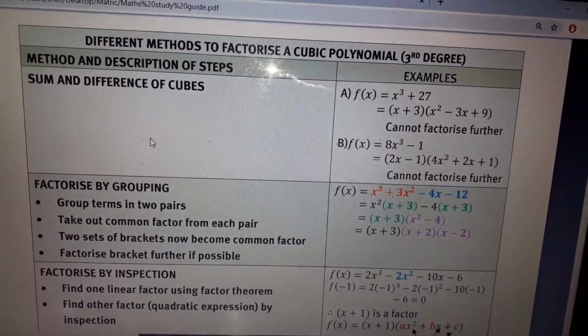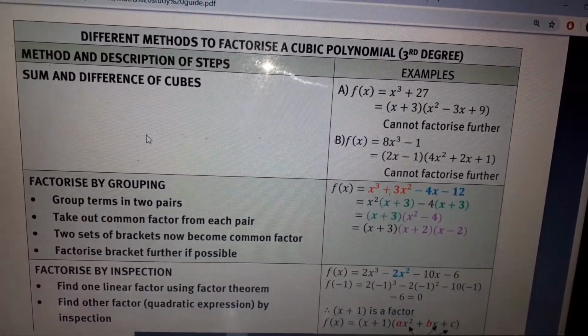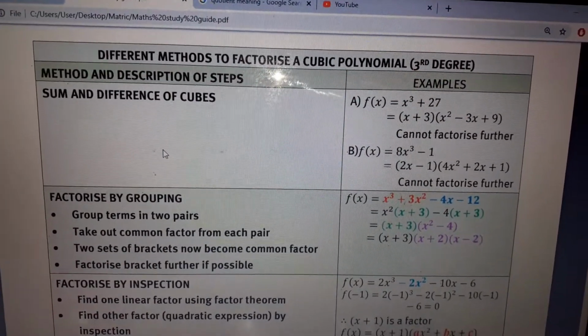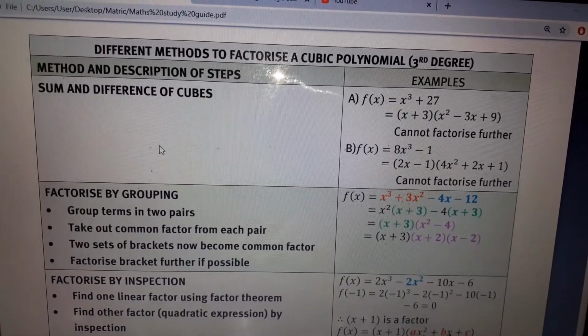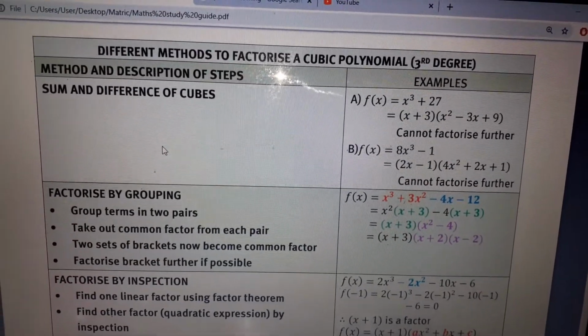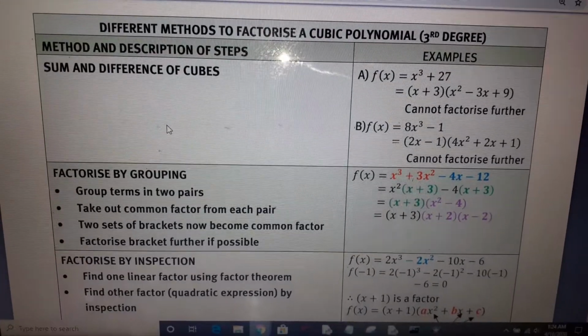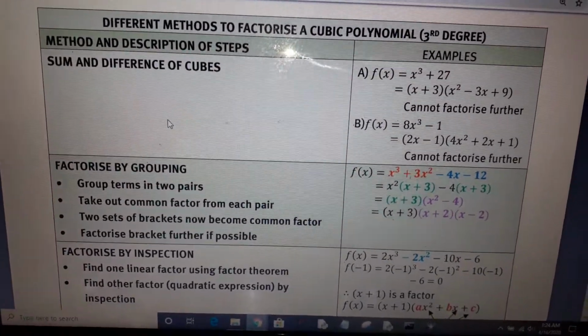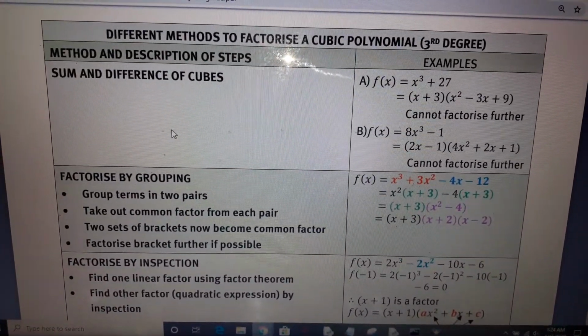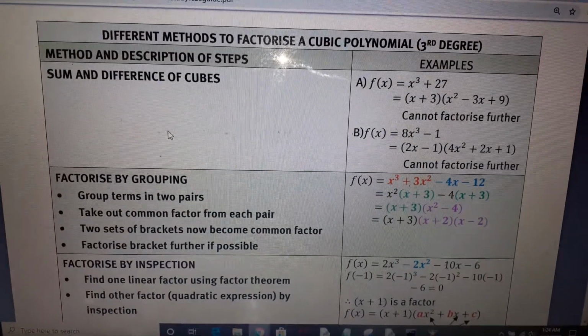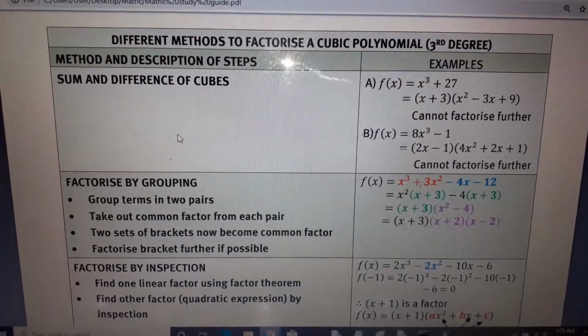These methods do not all work every time you use them. Factorization by grouping only works in certain questions, but factorization by inspection and synthetic division work in most examples.